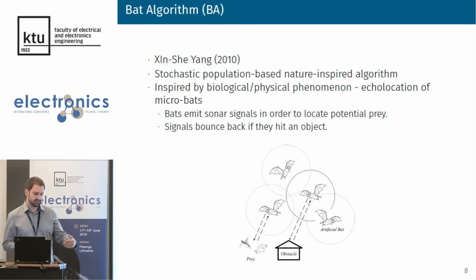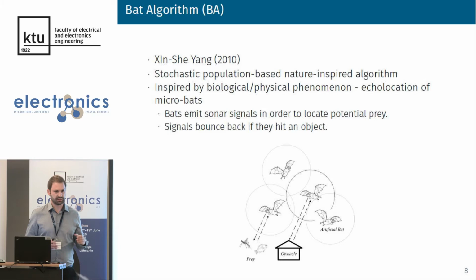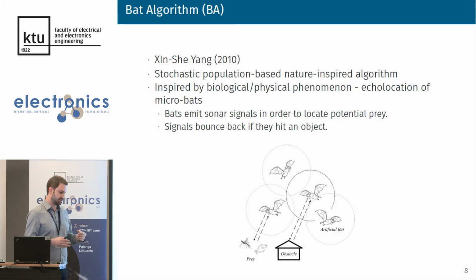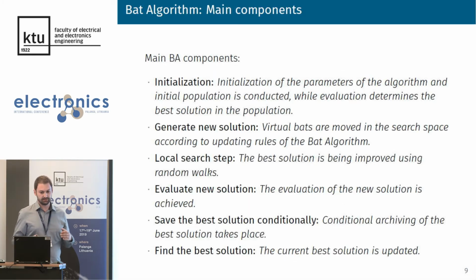Bats emit sonar signals in order to locate potential prey or detect obstacles. They receive the bounced-back signals, and based on them they are able to identify whether there is an obstacle or prey, and even if the prey is moving towards them or away from them. Translated to the algorithm, the Bat algorithm consists of the following 6 components.